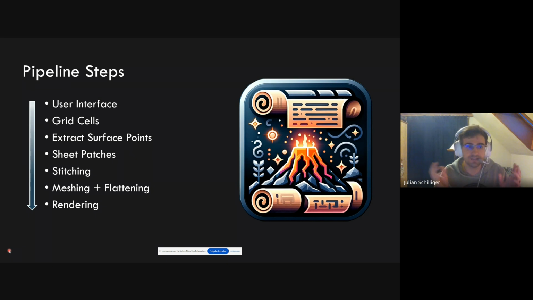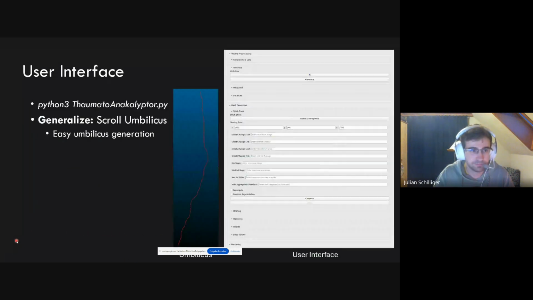We then stitch them together. And in the last step, before we have the mesh, is meshing and flattening the mesh. So make it from a rolled up state into a flat state. And at that point, it can be rendered. I also implemented some fast rendering to actually be able to debug more quickly what is going on.